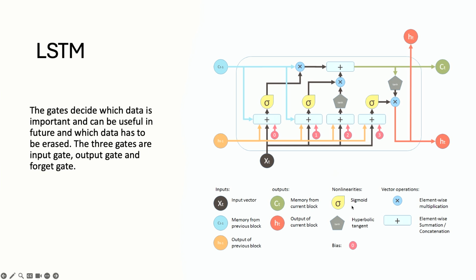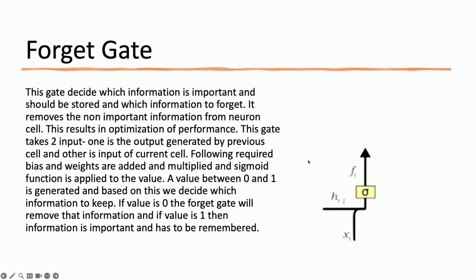Here ht is the output of the current block, and it also considers the output of the previous recurrent cell. As you can see, it has several processing stages. One of them is the forget gate, which decides which information is necessary to memorize and which information can be forgotten. It takes 2 inputs: one from the previous cell, and the other is the input of the current cell.